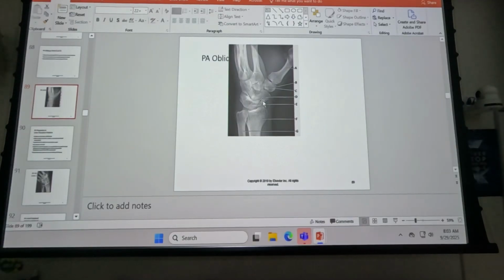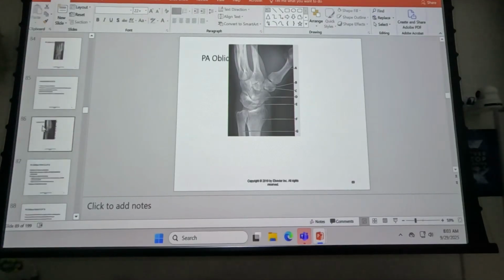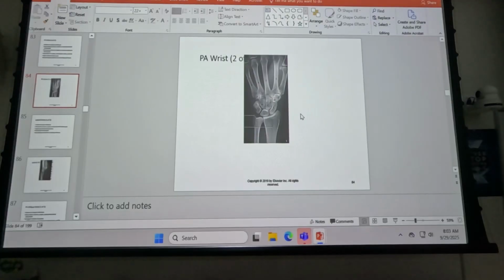Unfortunately, we do have an increased OID, and with that increased OID, we do lose some sharpness of recorded detail. But since it is the most commonly fractured bone of the wrist bones, not the most common fracture of the wrist, that's always going to be the radius and ulna, we have some specialty views of it also. So I'm going to scroll back up, and we're going to take a look at where it is.